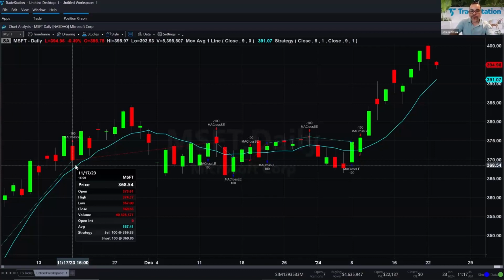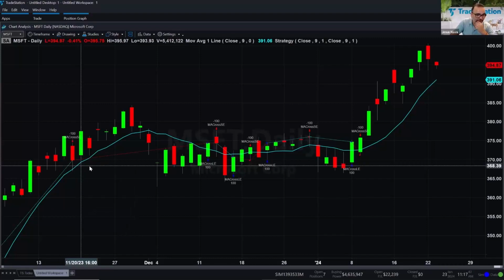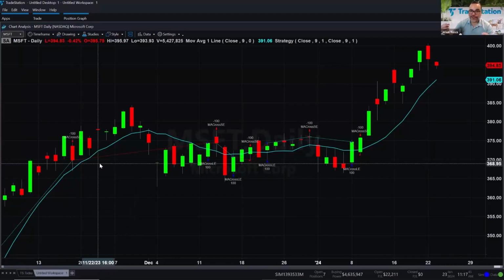And if we look at all the different prices on that candle, notice that that entry price matches the closing price, 369.85. But this feature that we turned on is doing exactly what we just explained. It's going to look at the opening, then the high or the low, depending on which one is closest. And then it's going to take out the closing price and decide which one of the prices hits the criteria.